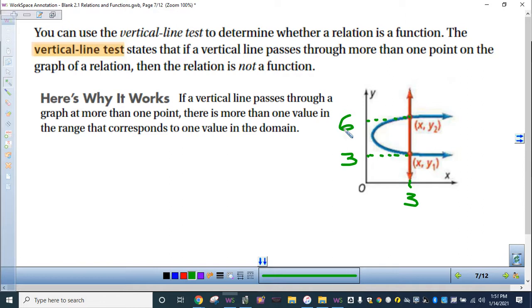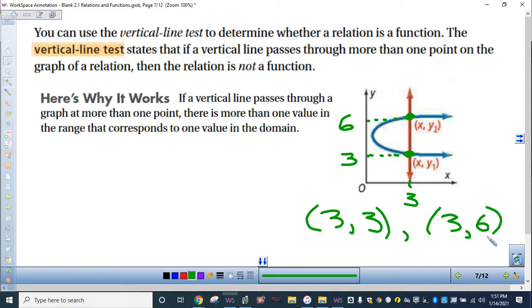If it hits the function twice, or I should say if it hits the relation twice, it is not a function. Okay? The reason I wrote those random numbers there is I just want to show you what the ordered pairs look like. So this ordered pair right here would be 3, 3. The top ordered pair right here would be 3, 6. So because those 3's repeat, that would not be a function, right? No repeated x's allowed.